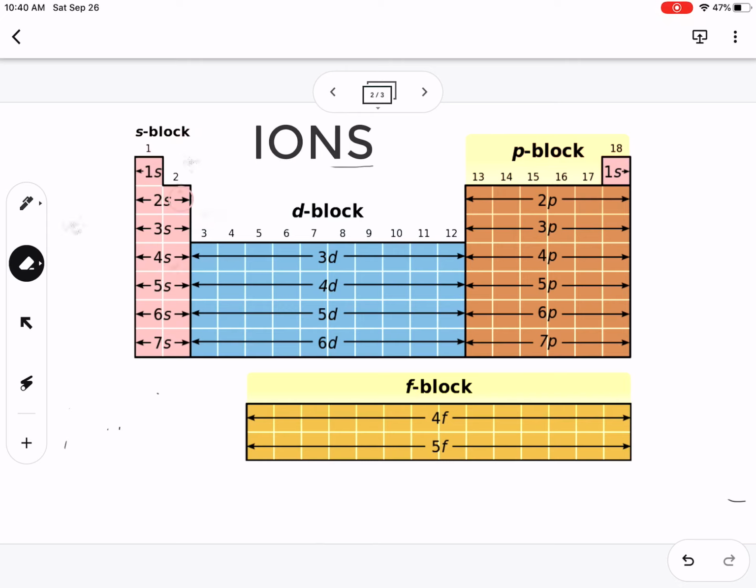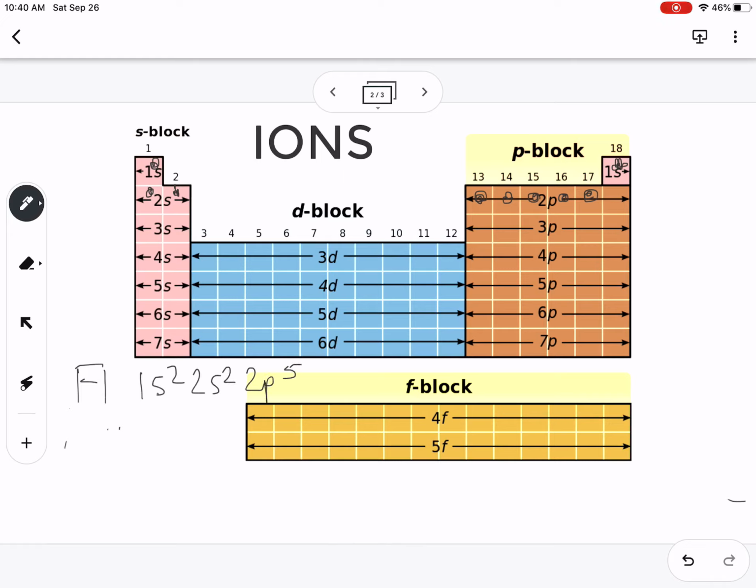So let's do fluorine. Fluorine is 1s2, 2s2, 2p, 1, 2, 3, 4, 5. Let's write that down. Fluorine, 1s2, 2s2, 2p5.